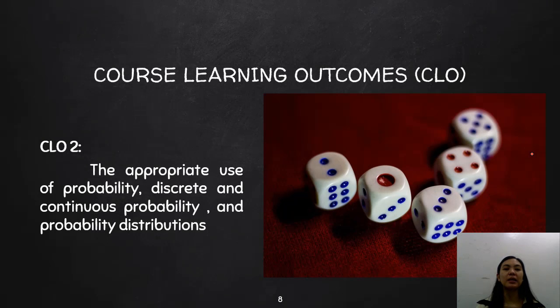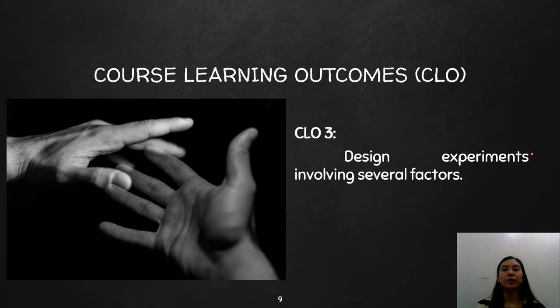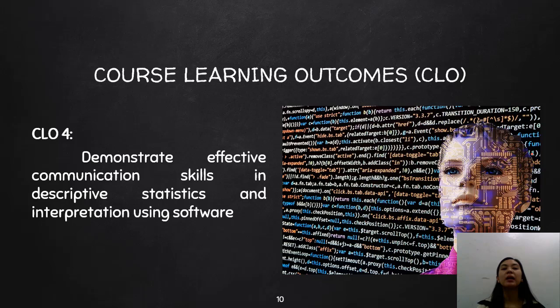The second is the appropriate use of probability, discrete and continuous probability, and probability distributions. The third one is, of course, design experiments involving several factors. And the fourth is demonstrate effective communication skills in descriptive statistics and interpretation using software.